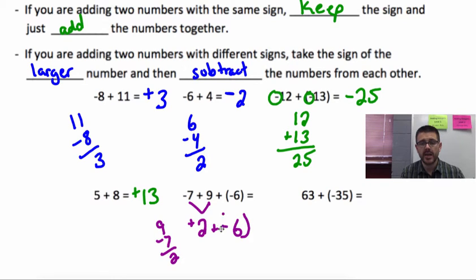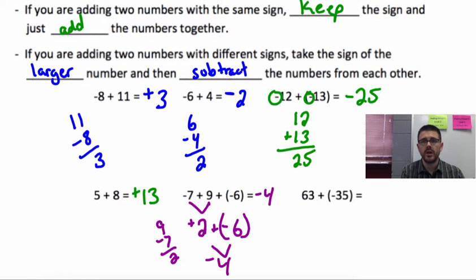And then I'm going to add it to the next number. +2 plus -6. They have different signs, so again I'm going to subtract. 6 minus 2 is 4. Take the sign of the larger number. The 6 is bigger than the 2, so I know my answer is going to be -4. The negatives are bigger than the positives.